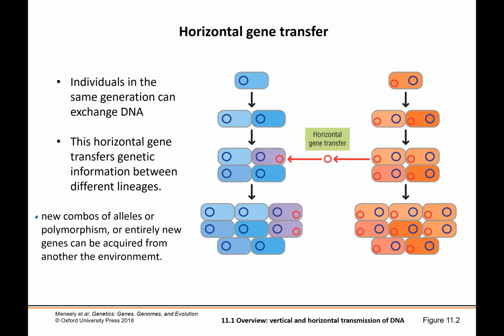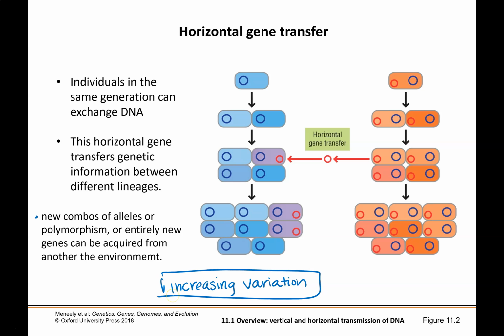And this is really important in increasing variation within a bacterial population. So this increase in variation is really important because it allows that bacterial population to respond to their environment.